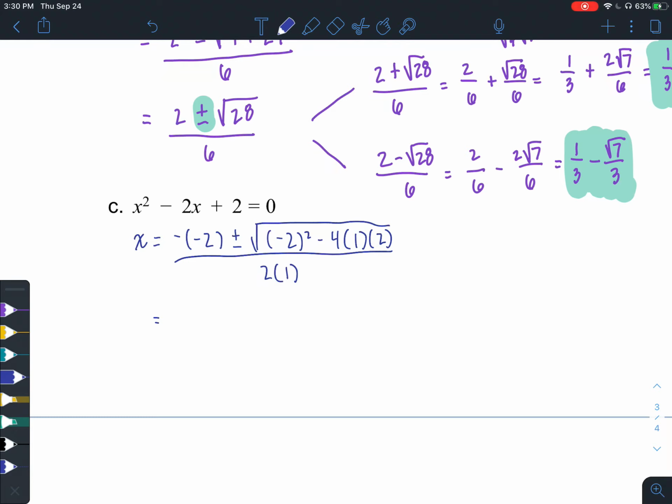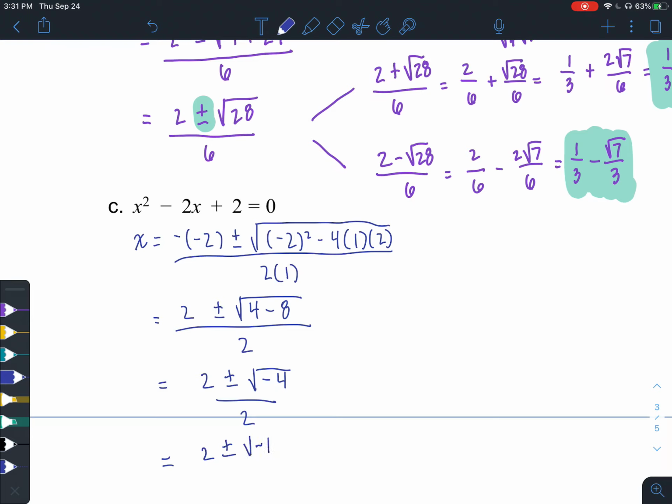Okay, so then it's going to be 2 plus or minus the square root of 4 minus 8 over 2, which is 2 plus or minus the square root of negative 4 over 2. You can change it to a complex number as soon as you want to.